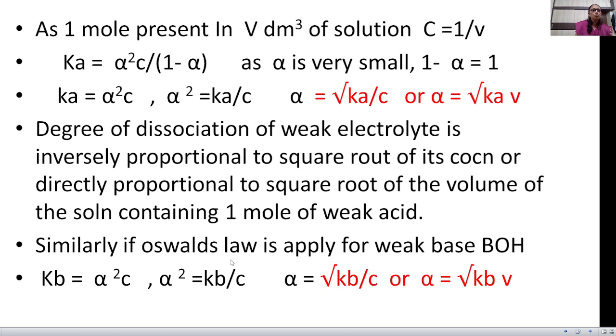if Ostwald's law is applied for the weak base BOH, then the derivation is the same, only B and OH change.